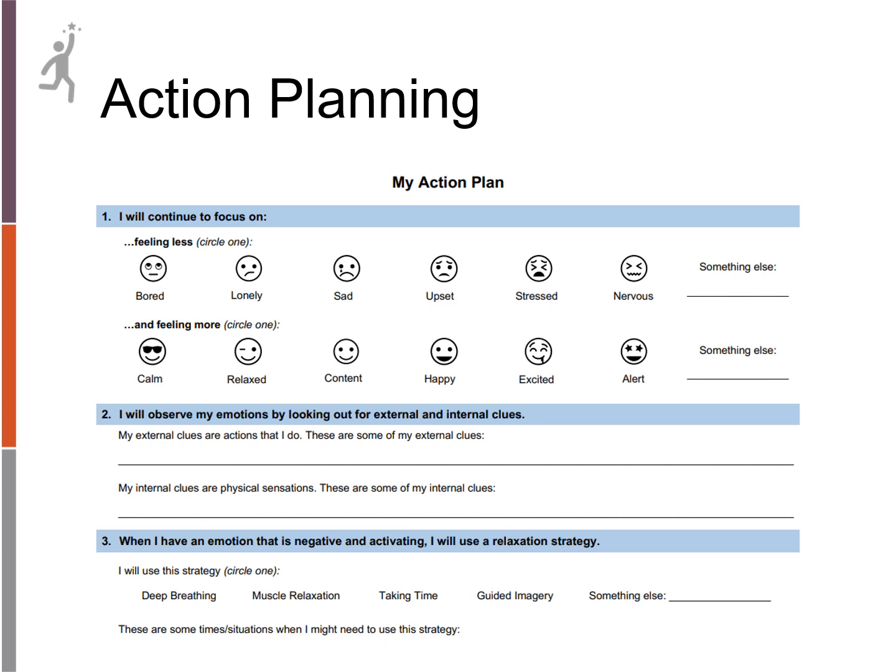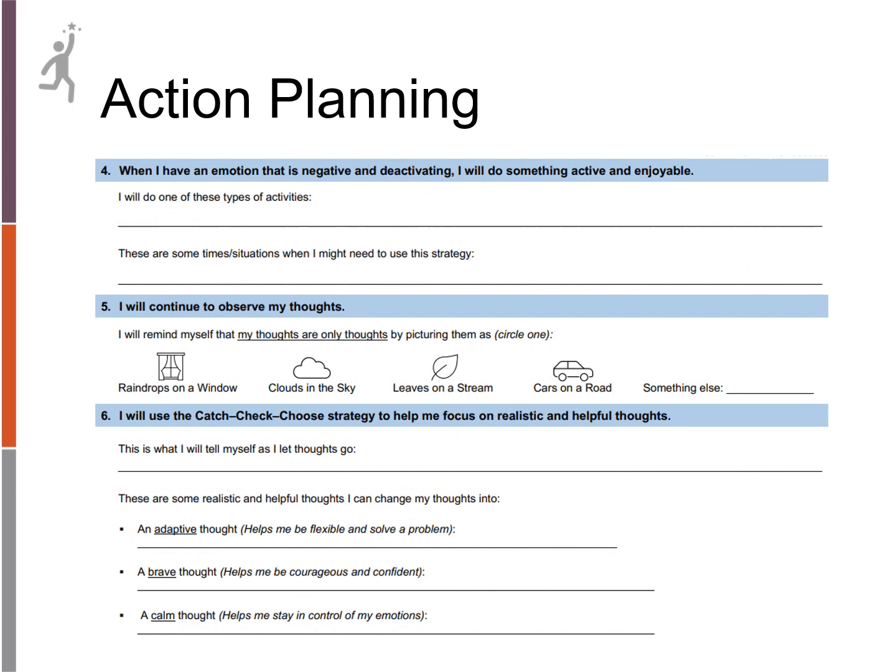It prompts them to consider their emotional goal, what internal and external clues to look for in identifying their emotions, what relaxation strategy they want to use or when, what behavioral activation strategies to try, how to observe their thoughts, and how and when to use the catch, check, choose strategy. Students will complete this form independently, and you will monitor the group and answer questions and discuss plans.